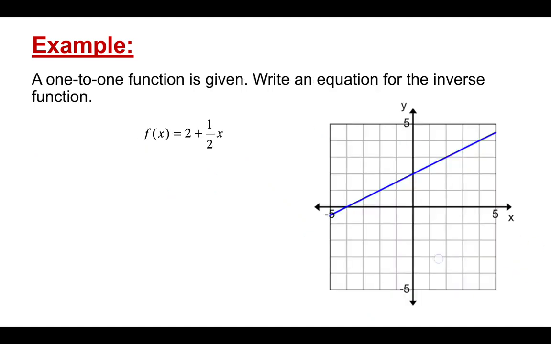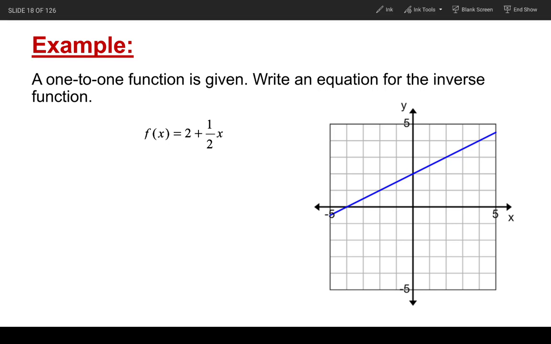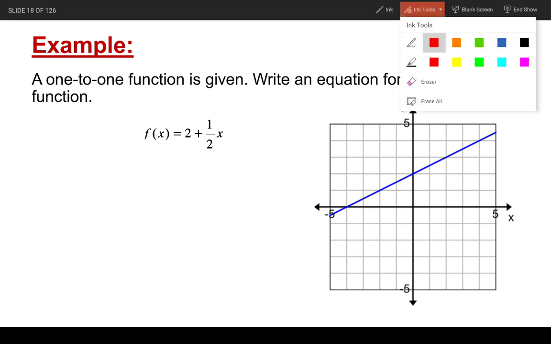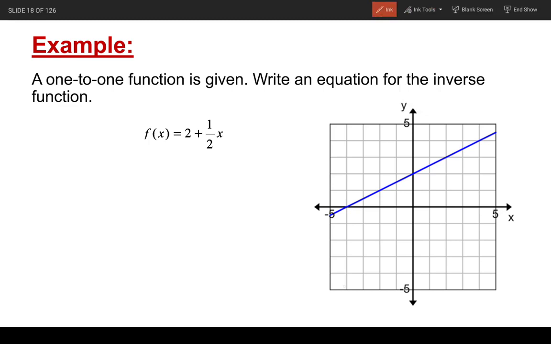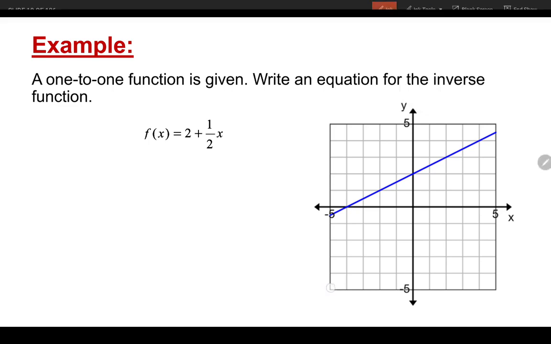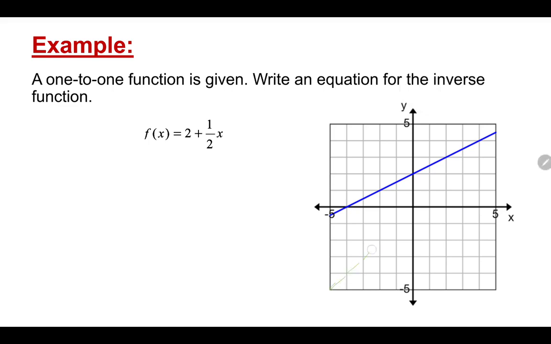Now, let's talk about what they look like graphically. If we have this one-to-one function and we write an equation for the inverse, we can do that. Let me first start by saying that we expect some things to happen. I'm going to expect that I'm going to create a mirror along this line of this function.